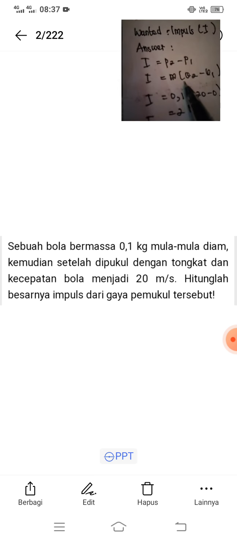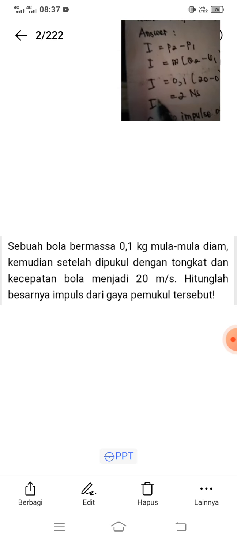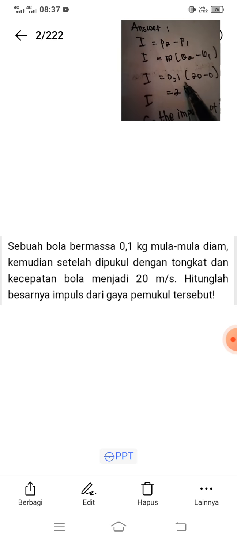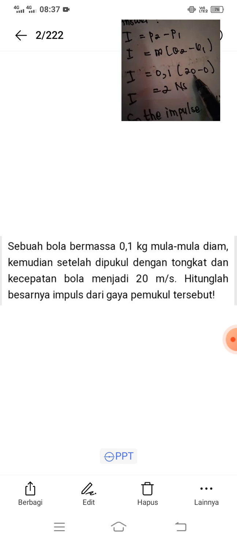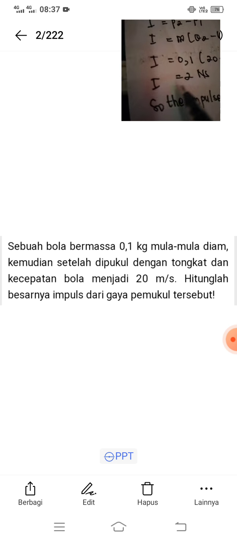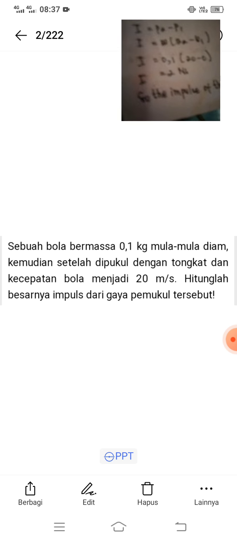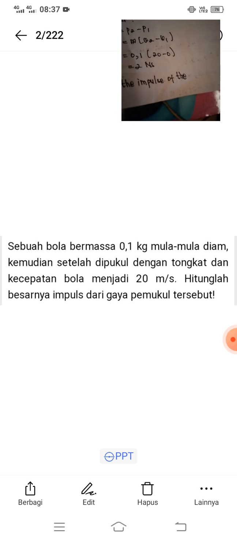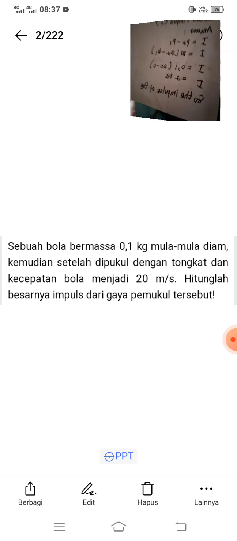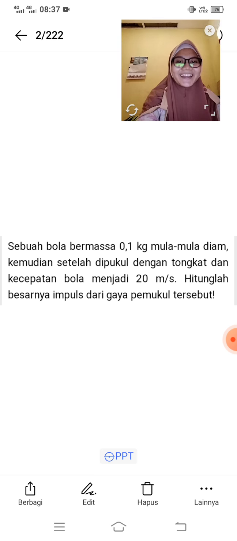I is m multiplied by velocity 2 minus velocity 1. I is 0.1 multiplied by 20 minus 0. I is 2 Ns. So the impulse is 2 Ns.